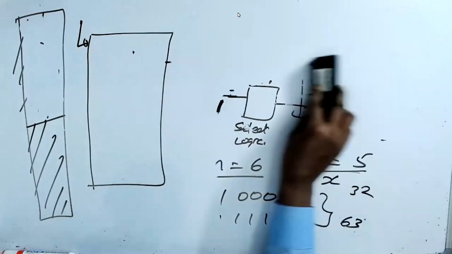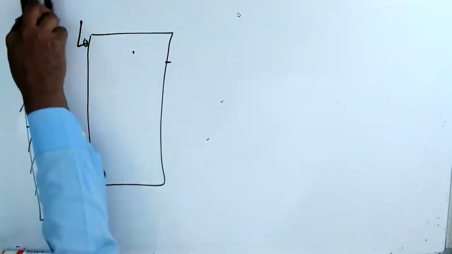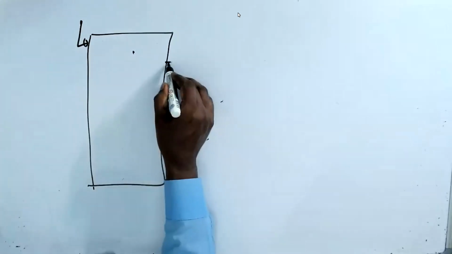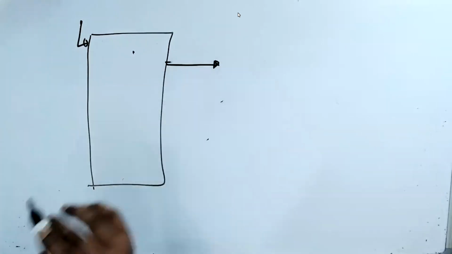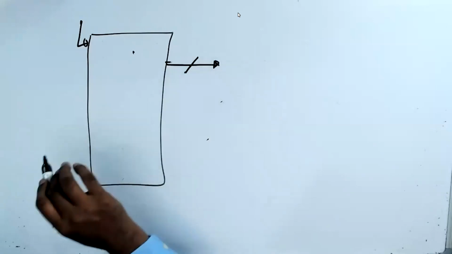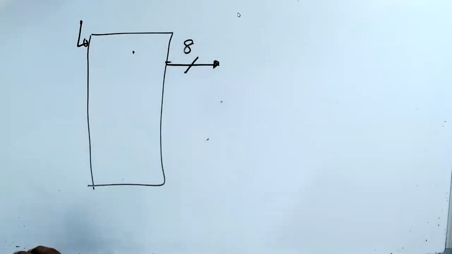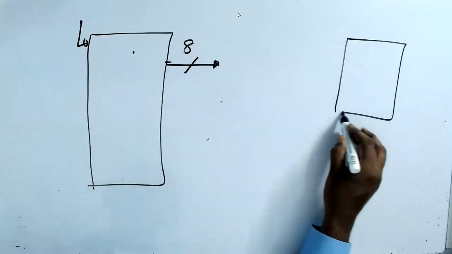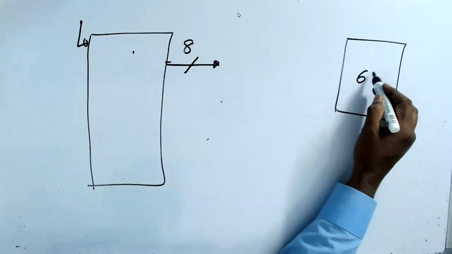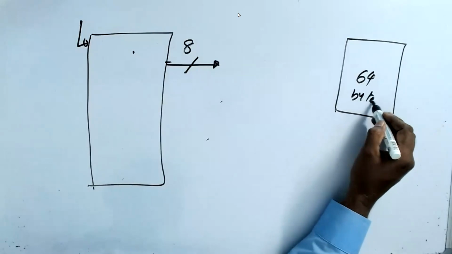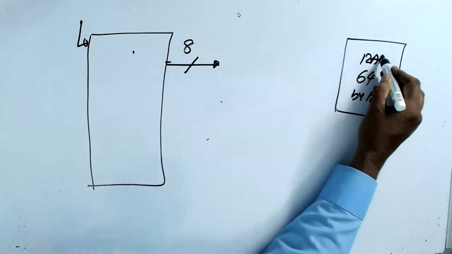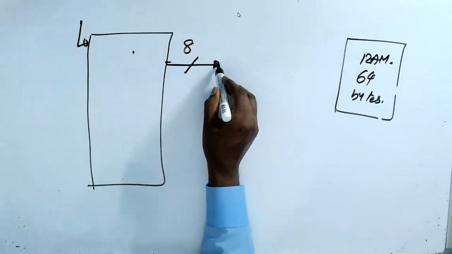Now let us say you try to solve this in 2 minutes. I have a microprocessor with 8 wires, and a memory of 64 bytes. This is RAM, and you can connect it anywhere as you wish.